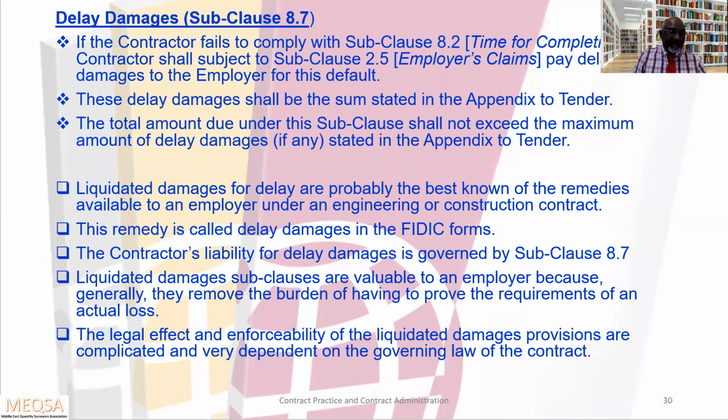In some contracts I have seen, they mention 10% of the accepted contract price. For example, if 100 million is the accepted contract price, maximum 10 million the employer can claim as LD. In some contracts I have noticed, they mention 10% of the revised contract sum or latest contract sum.